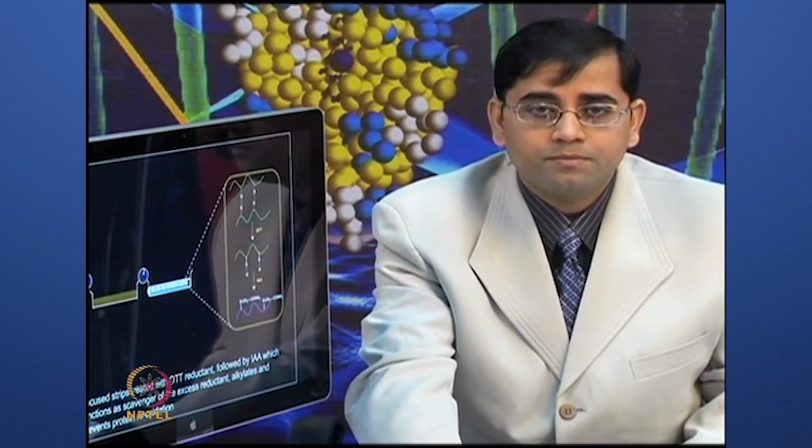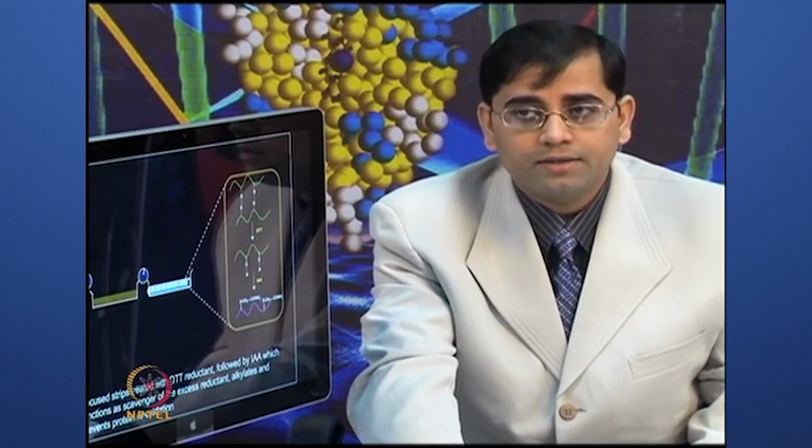The DTT reductant will be used for the first step, followed by IAA, iodoacetamide, which functions as a scavenger of the excess reductant, and alkylates and prevents the reoxidation. So, here you can see how different bonds are broken from the disulfide, and IAA is preventing the reoxidation, alkylating these residues.